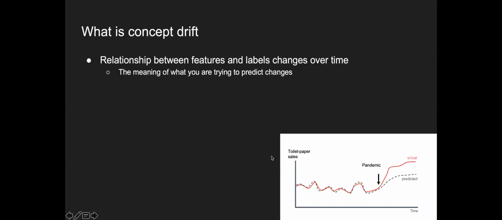Then you have concept drift, where the relationship between features and label changes over time. So the meaning of what you're trying to predict changes. When the pandemic hit us, toilet paper sales suddenly rose.